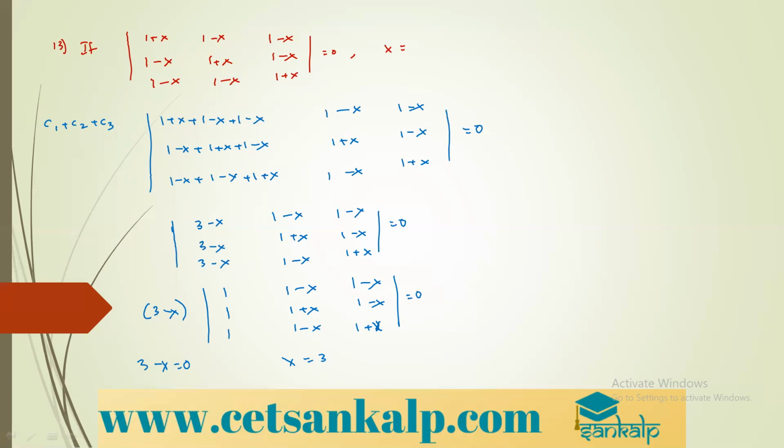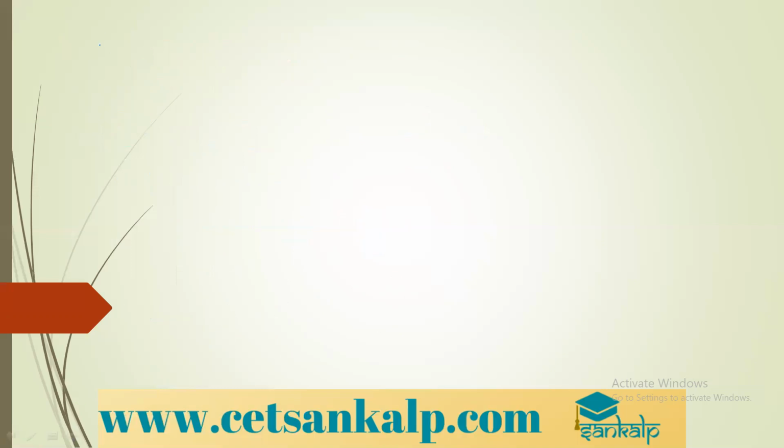Then I will take the determinant again. I have to set the determinant also 0. So I will have 1, 1 minus x, 1 minus x, 1, 1 plus x, 1 minus x, and 1, 1 minus x, 1 plus x equal to 0.